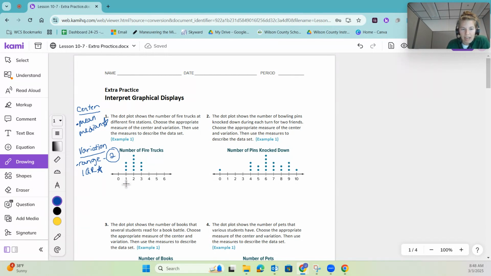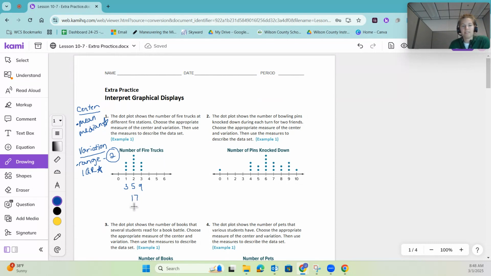The mean is, again, adding all these numbers up and dividing by how many data points there are. We have 3, and then we have 5 at 2, so that's 5 data values summing to 5... and we have 3 at 3, which is 9. Then we add these up: 8 plus 9 is 17.